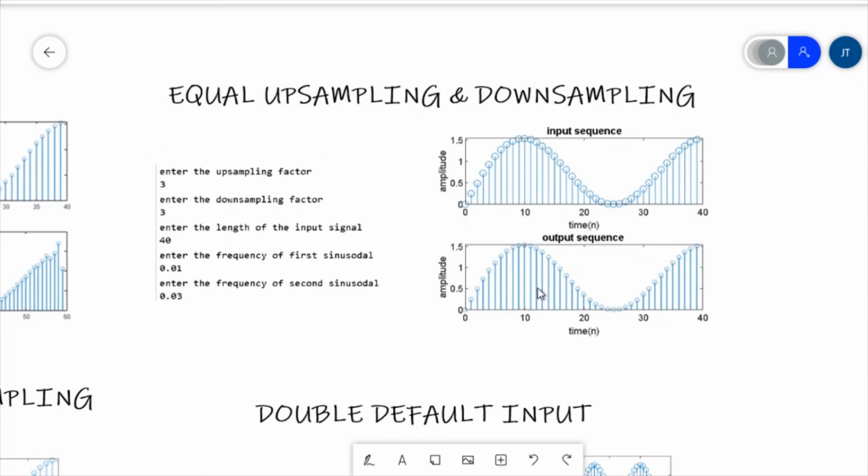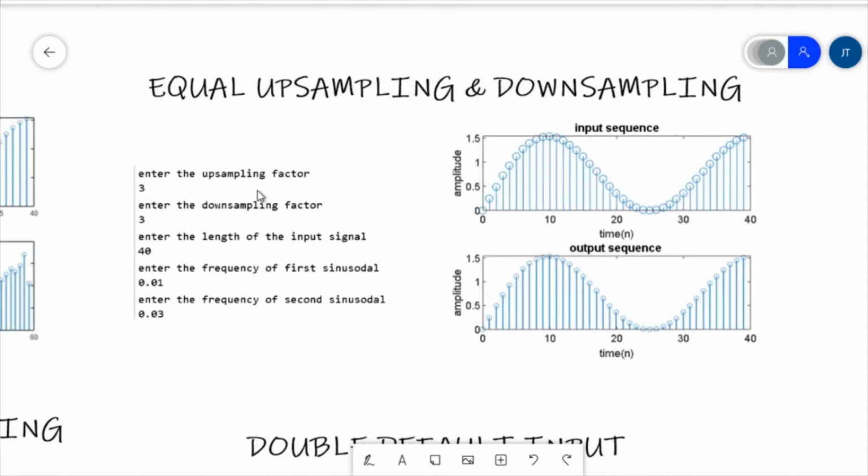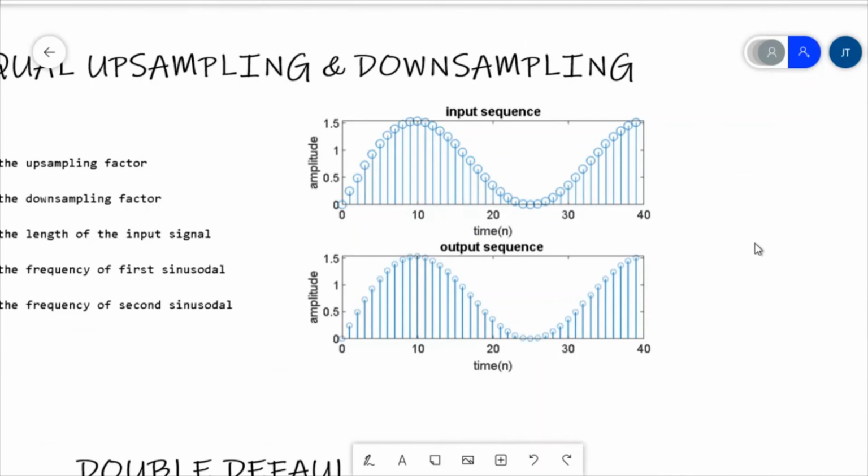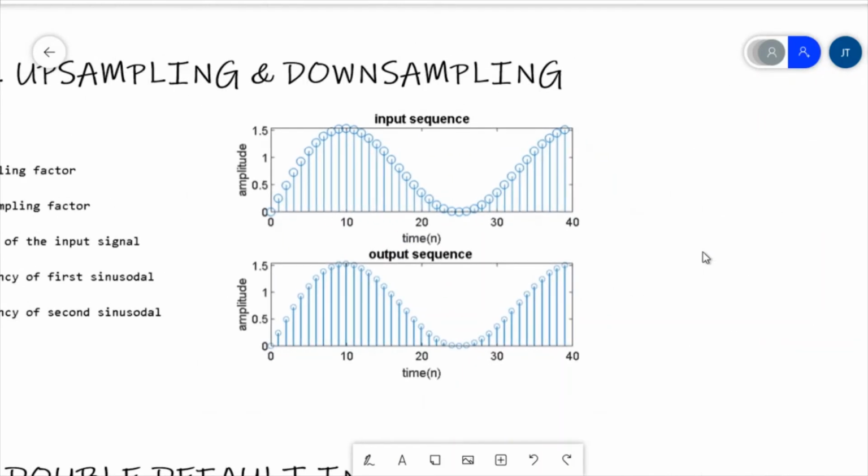In the simulation, we have an equal upsampling and downsampling factor. And because of that, since it was said that it is basically the interpolation divided by the decimation, and since both have the same value, we can see in the input sequence and the output sequence that there has been no change.